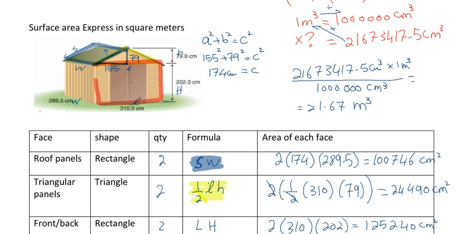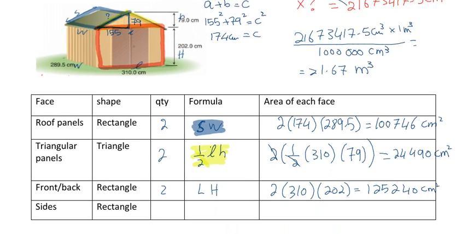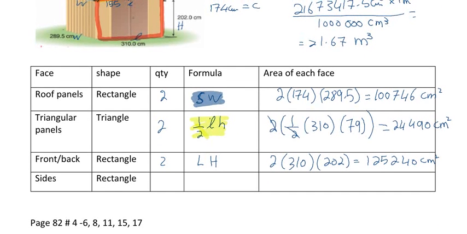And the last are the sides. Sides also I have 2 rectangles. So if I have W times H, that would give me the area of the side. Just show the lines, the answer for each.